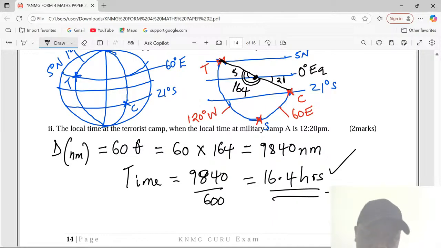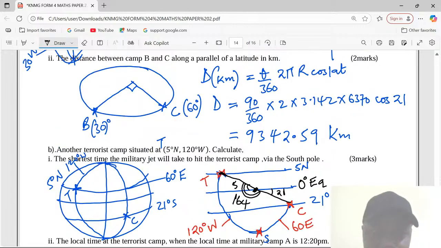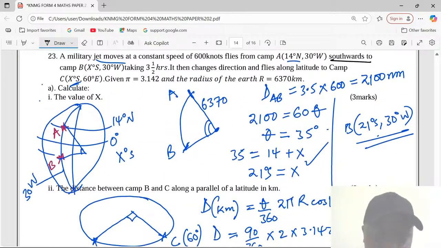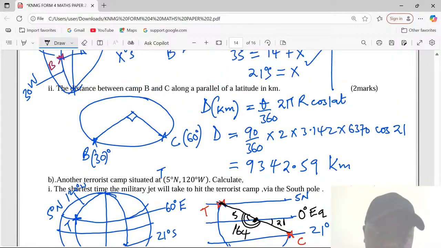Then finally, we are told to find the local time at the terrorist camp, when the local time at camp A is 12:20. Camp A, 12:20. Then for the terrorist camp, we need the time there.